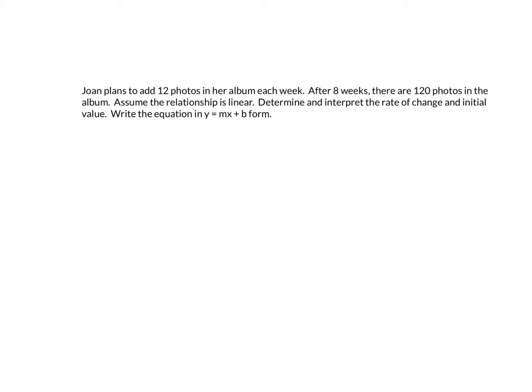So, again, let's start looking at our info. They've given us 12 photos at 8 weeks and 120. They want us to determine and interpret the rate of change, that's my slope, and the initial value, and write the equation. So let's look at 12.